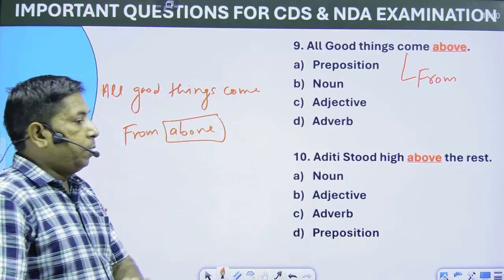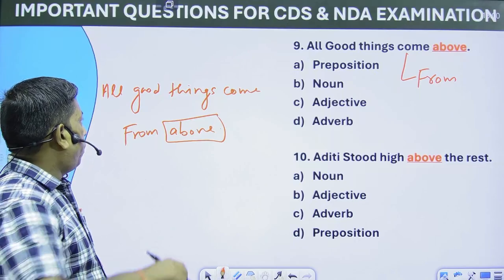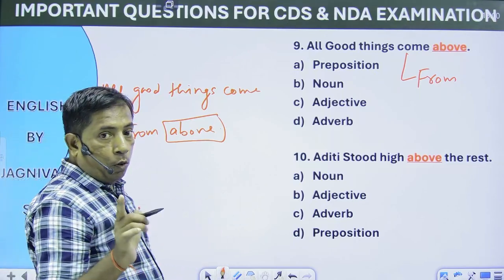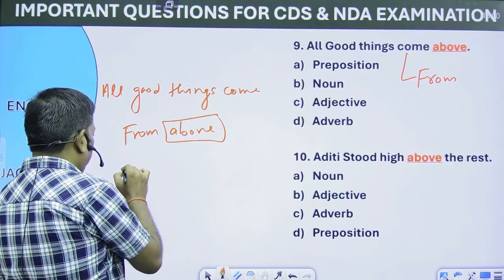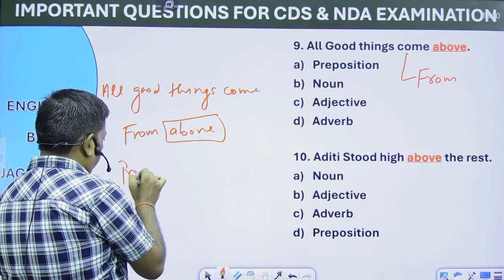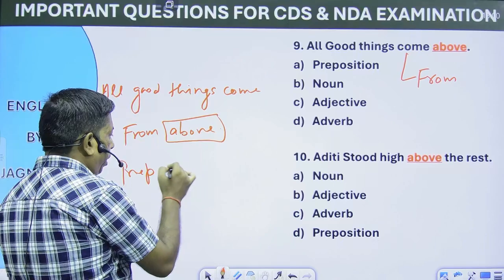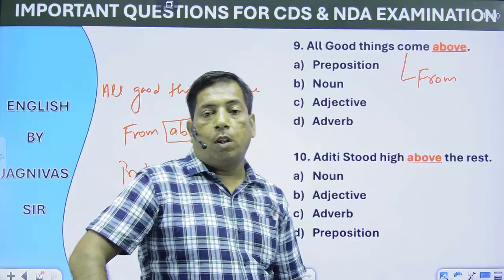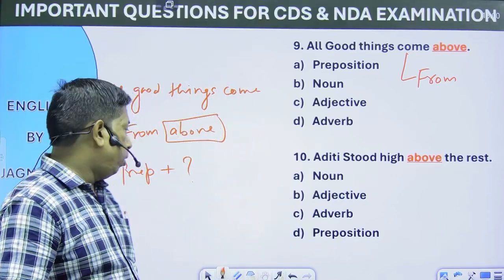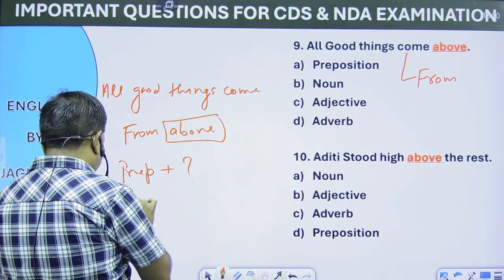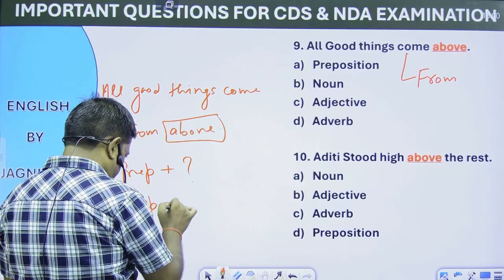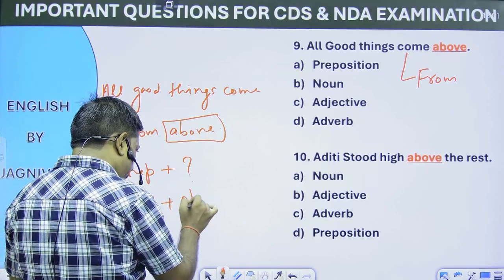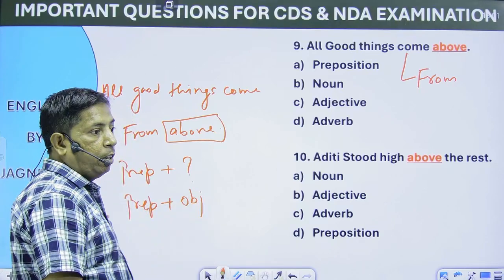What is the difference? The difference is, I told you in the first sentence, preposition needs what? It needs an object. So you can say preposition needs an object.